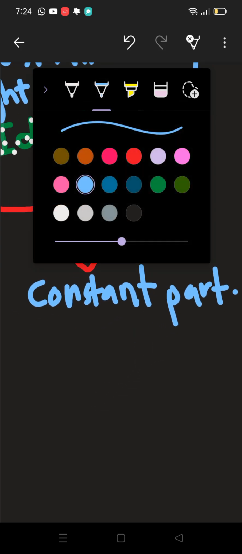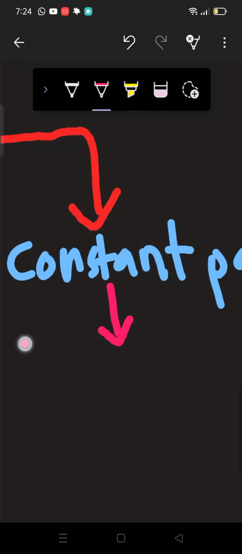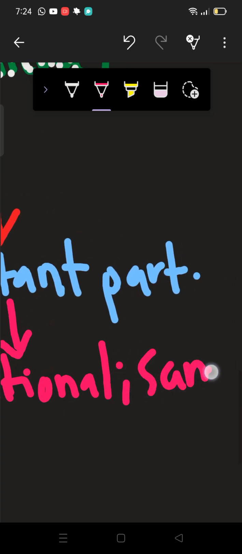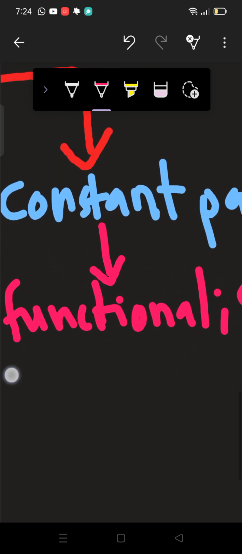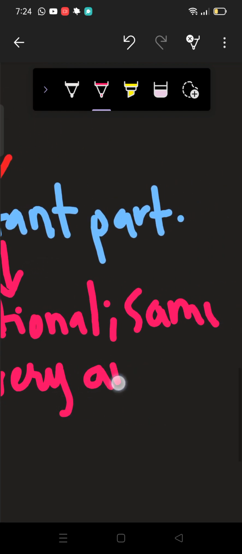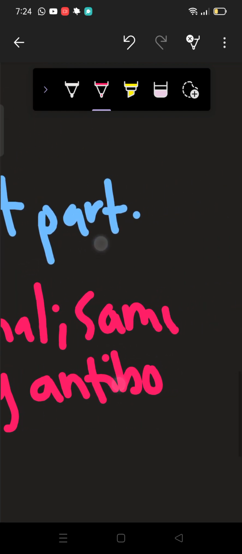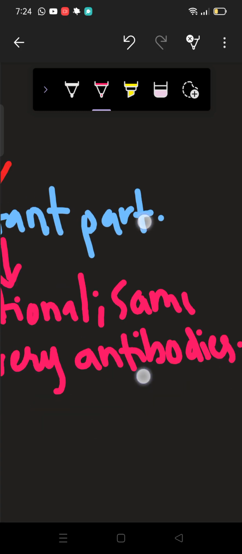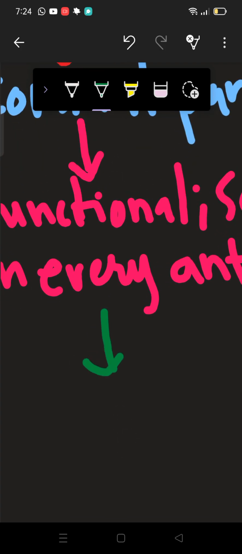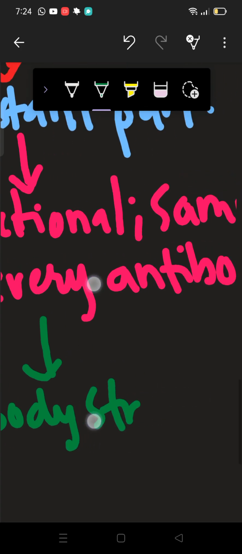The constant parts are the functional part, and they are the same in every antibody. They make the antibody's structure.